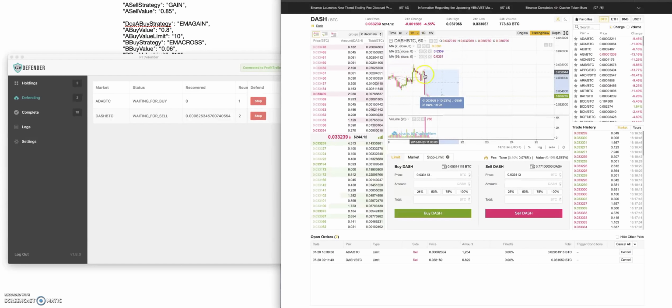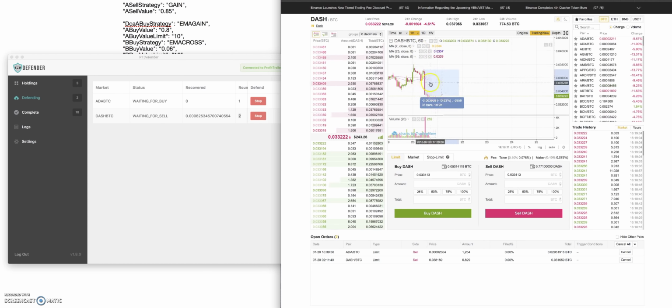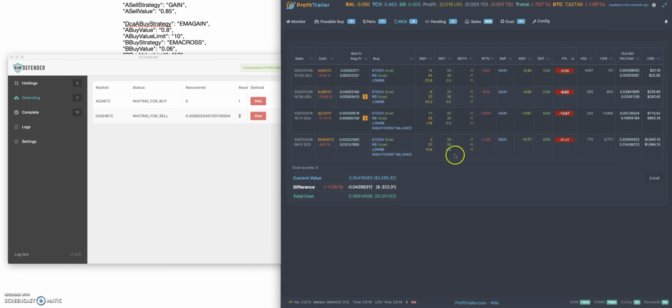I ended up buying on one of these upswings, probably with the RSI and all the stuff I was messing around with, because I wanted to cycle through these bags very quickly. I wanted to get to round 3, 4, 5, 6 as fast as possible without really taking into account good buying opportunities.